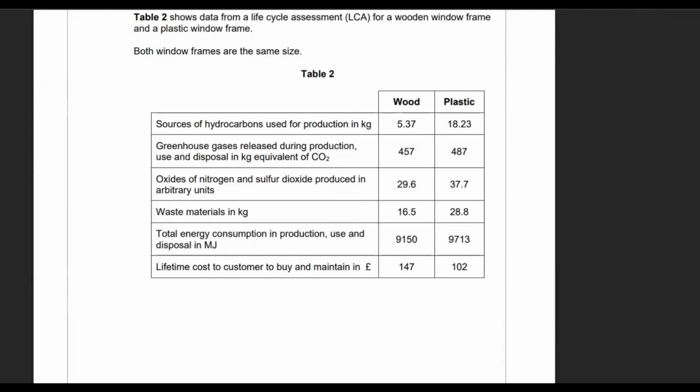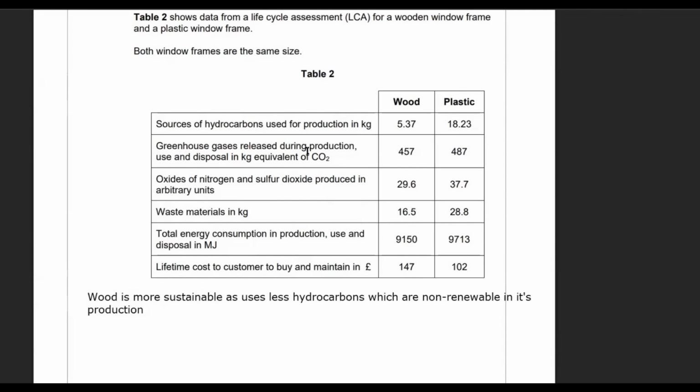First of all, I want to say wood is more sustainable as it uses less hydrocarbons, which are non-renewable, in its production. So I'm showing you that I know that hydrocarbons are non-renewable, a little bit of peace there.